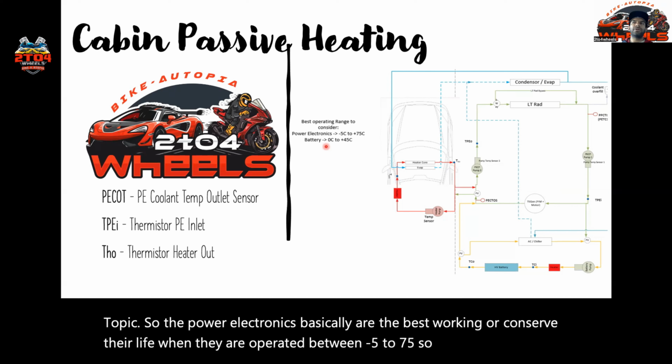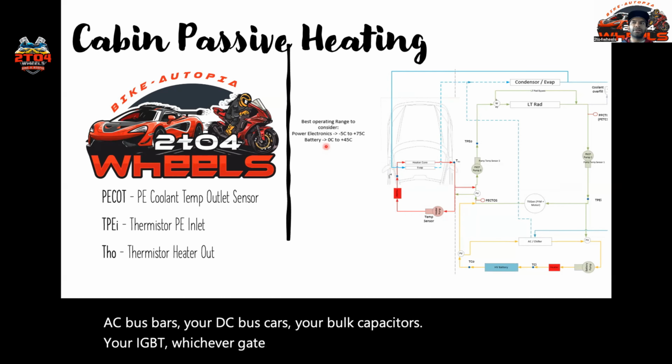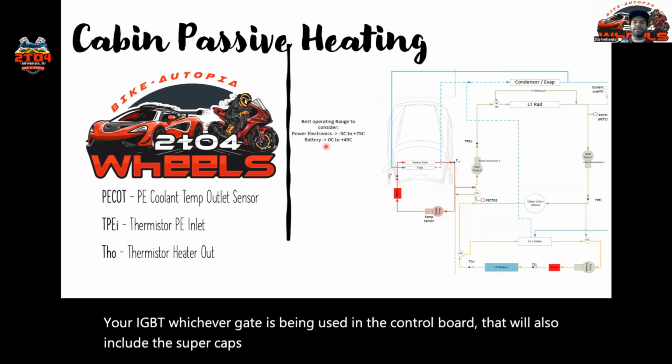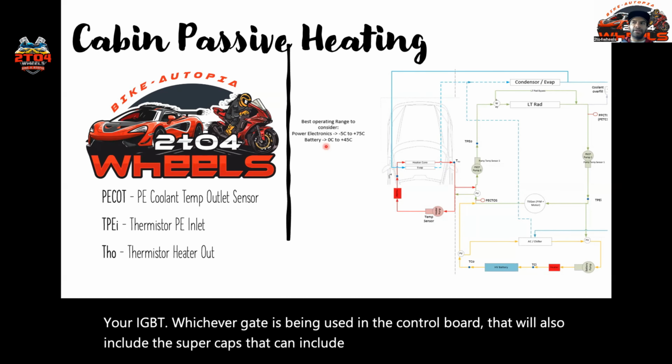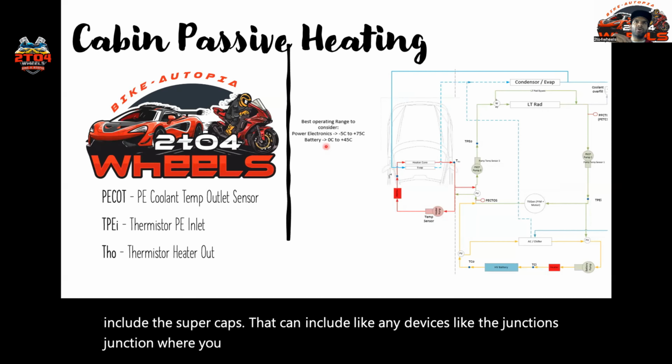That includes your AC bus bars, your DC bus bars, your bulk capacitors, your MOSFETs or IGBTs, whichever gate is being used in the control board. That will also include the super caps, and any devices like the junctions where you hold the MOSFETs and IGBTs.